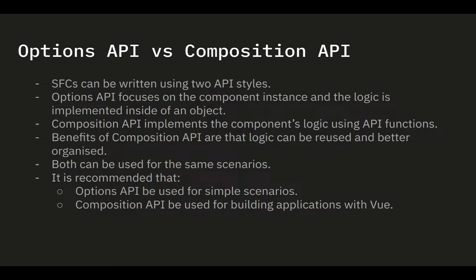The way that used to be done in Vue 2 was known as mixins, but this is probably the more preferred approach now. You can use both API styles for the same scenario, but the Vue docs recommend using the options API in simple scenarios, whereas the composition API is for building applications with Vue.